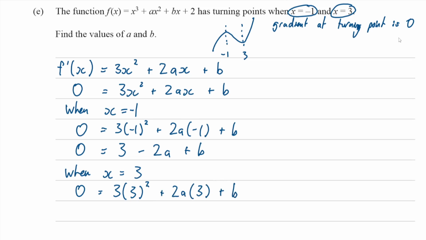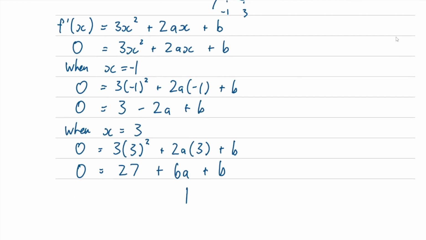So simplifying that, 3 squared, 9 times 3, 27, plus 2 times 3 is 6, so 6a plus b. Now let's have a look at that equation. I see two unknowns still.